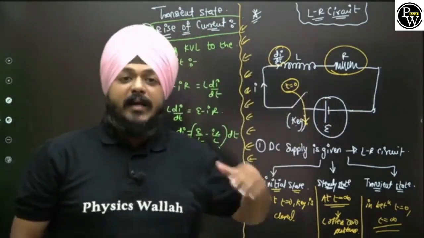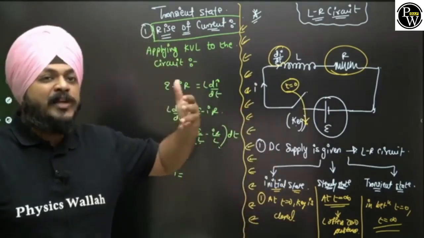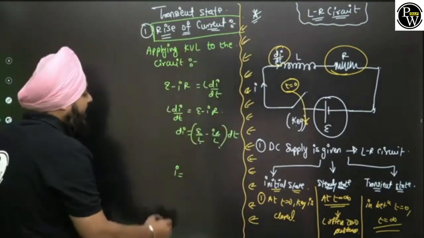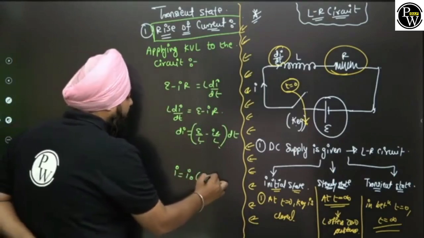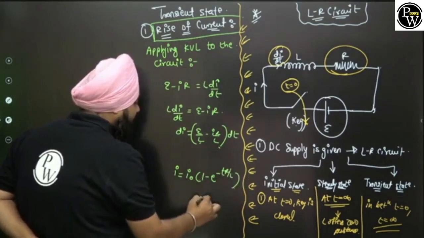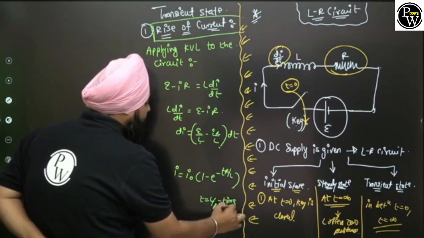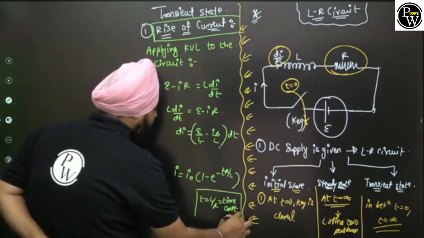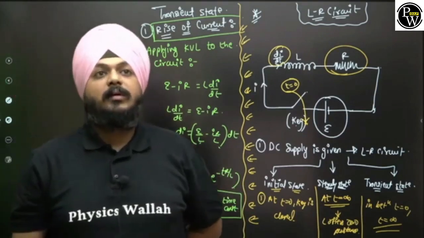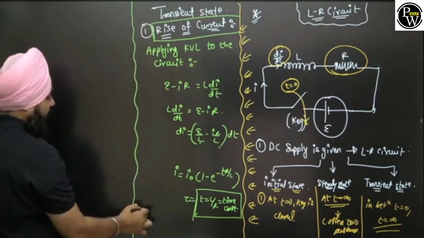That would be I is equal to I0 times (1 minus e to the power of minus tR by L), where the time constant of the circuit is tau equal to L by R. Somewhere it is also known as tau.